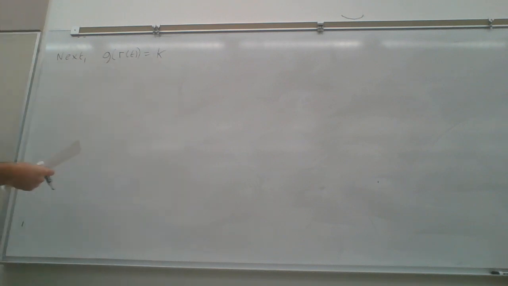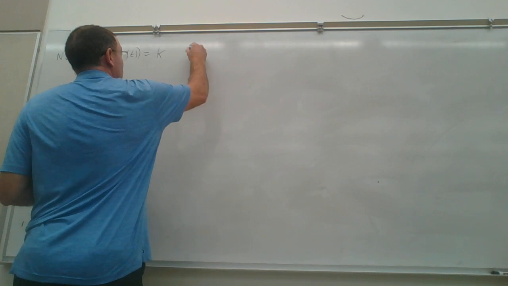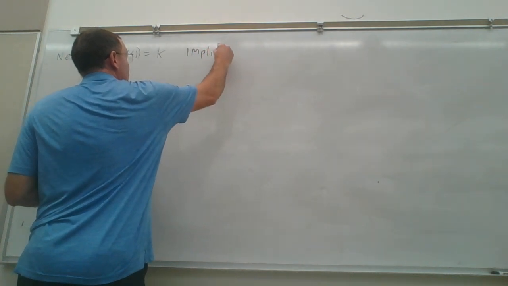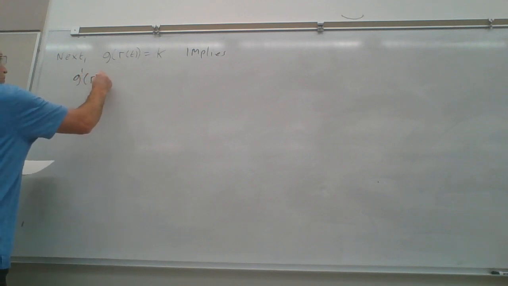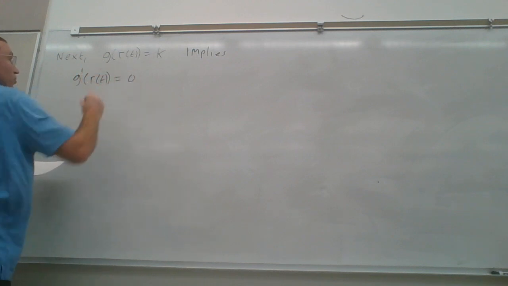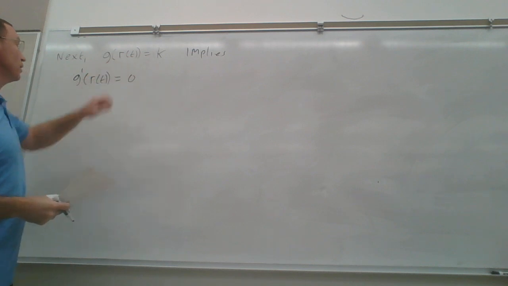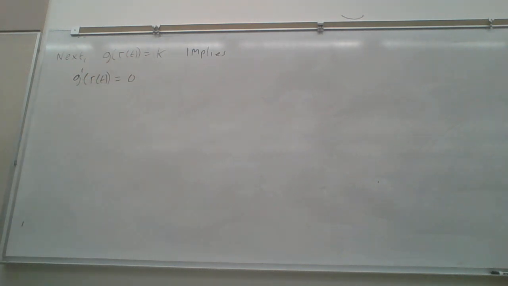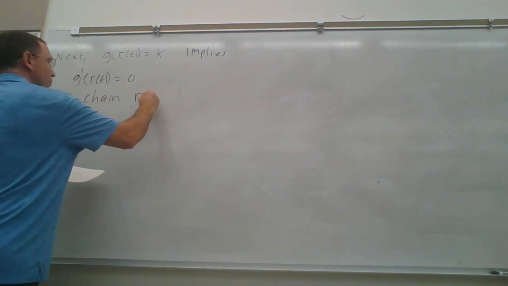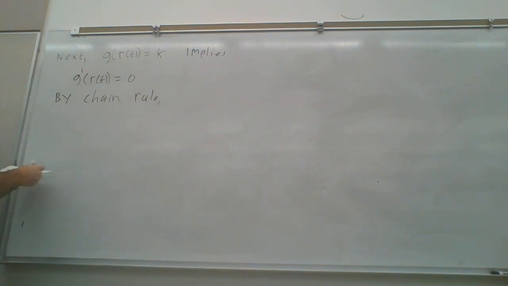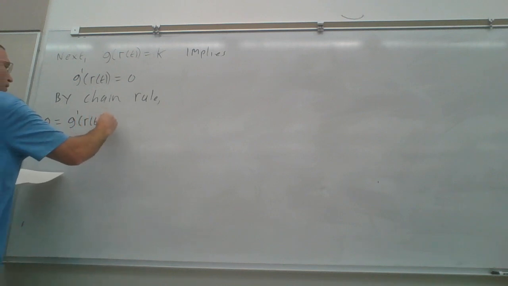So this implies that the derivative with respect to t would equal 0, just taking the derivative on both sides with respect to t. And then by the chain rule, I'll have that 0 equals g prime of r(t).